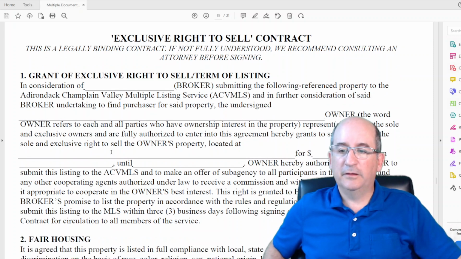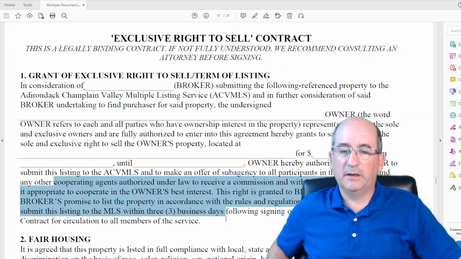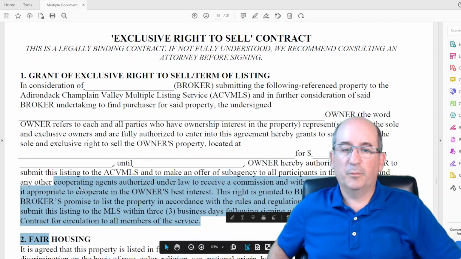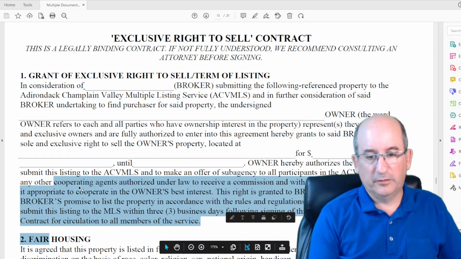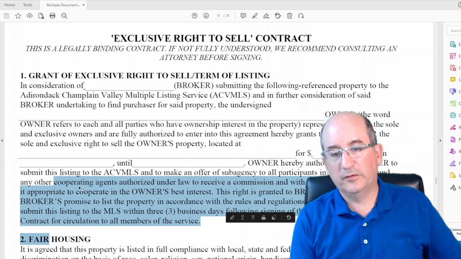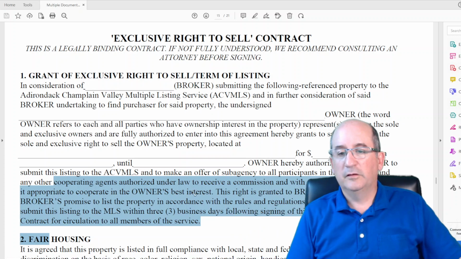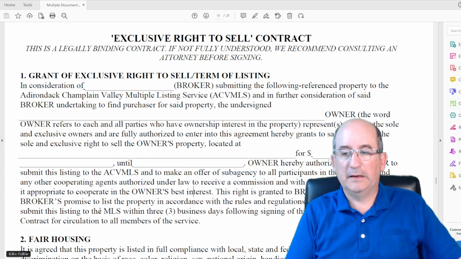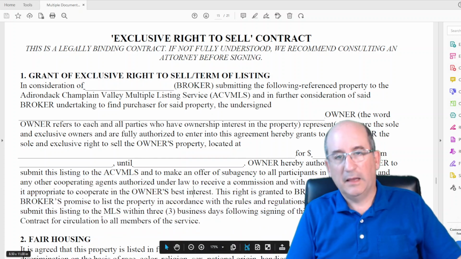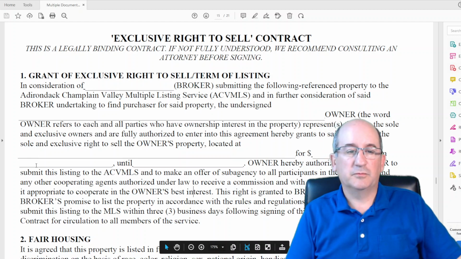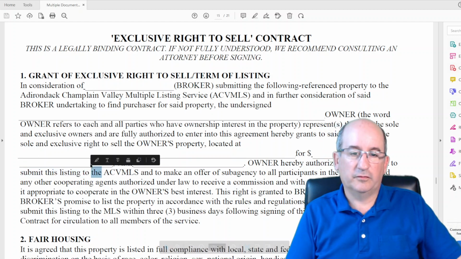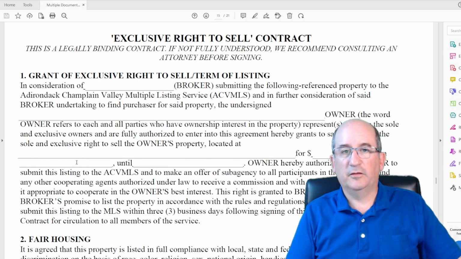Okay? And this says that you give eXp Realty, and me in particular, permission to put this in the multiple listing system. And it will be in the multiple listing system within 3 business days following the signing of this contract. However, sometimes you'll sign with a start date here that's in the future.